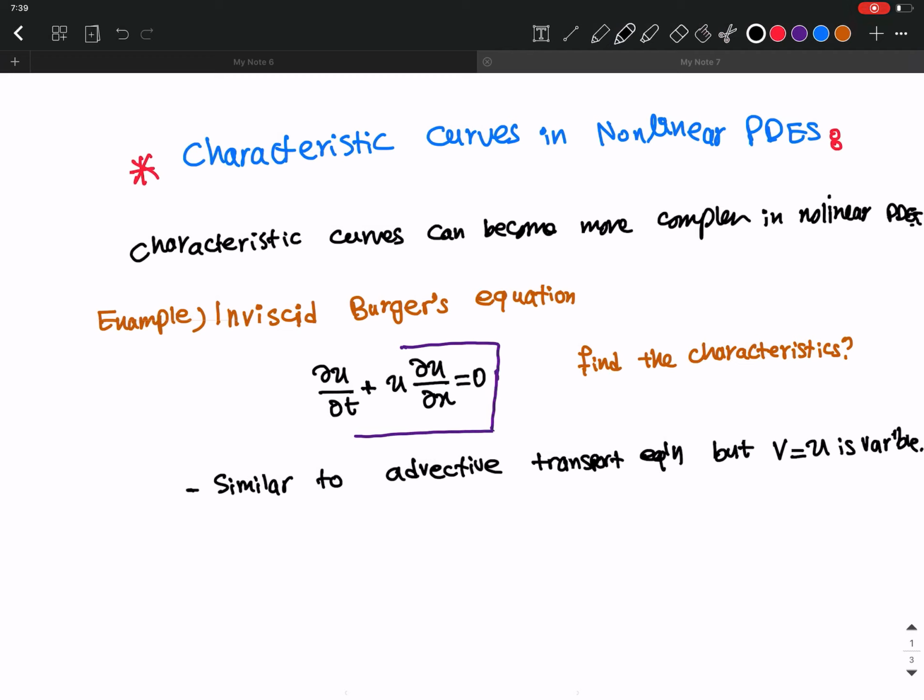If you remember, in the advective transport equation, what we had was partial u over partial t plus v partial u over partial x equals to 0, but there, v was a constant. Here v is variable, so v here is u. So this is the main difference, that v is u, so it's going to vary in the solution space.